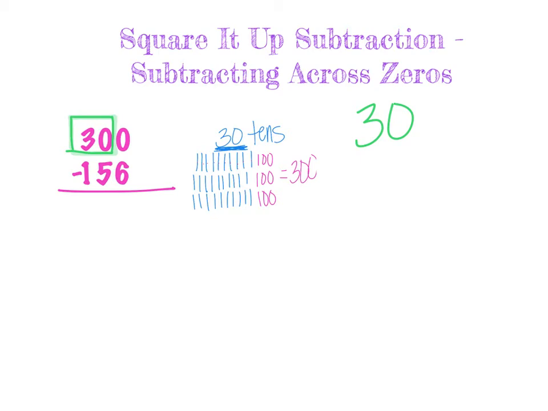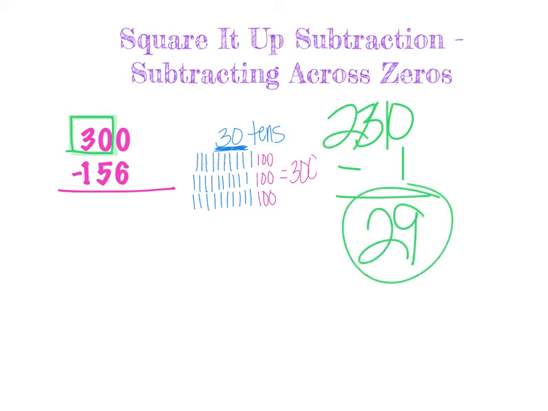Good. It would just be like doing 30 minus 1. Well, what is 30 minus 1? What is 1 less than 30? Absolutely, it's 29. So 1 less. I know that you guys have practiced that in class, so think to yourself, what would be 1 less than your squared up number? Well, 1 less than 30 is 29.